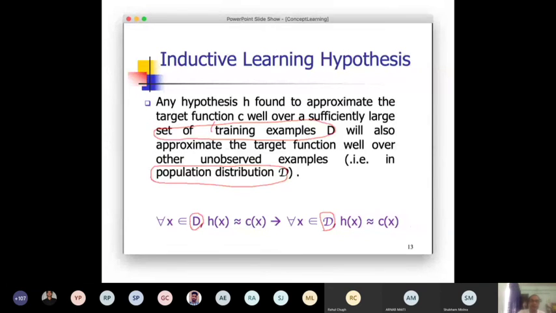If you find that for all training examples your hypothesis is largely satisfying the values of the target function, which is an approximation, then this is also true for the whole sample space. This is what is meant by inductive learning.